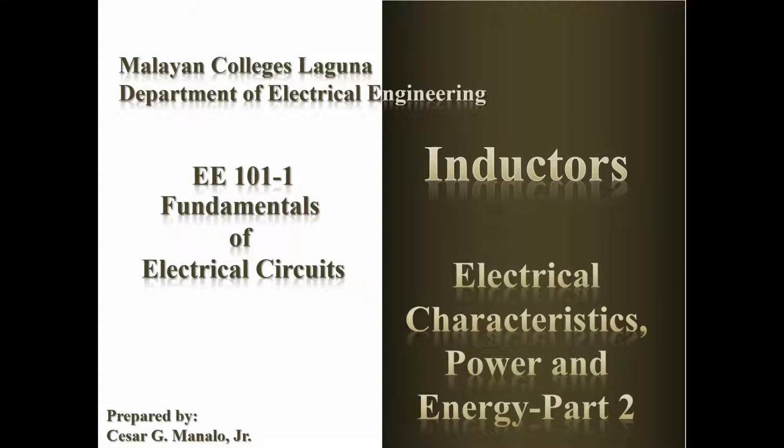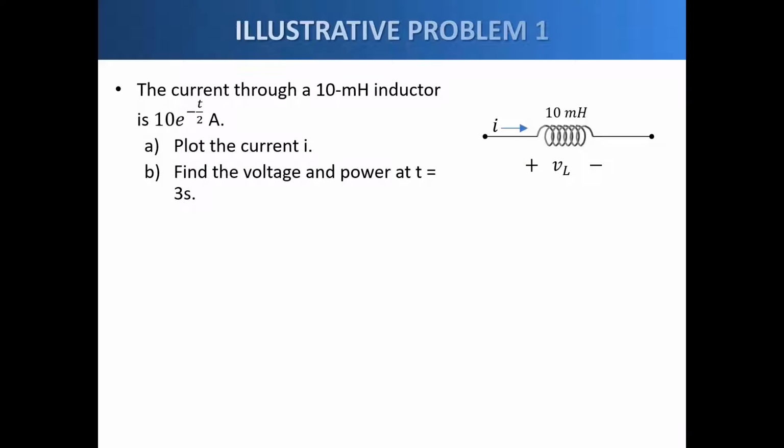Video, let's illustrate some inductor characteristics by showing some examples. In this first example, we have a 10 millihenry inductor, and current is flowing through that inductor given by this equation. Take note that this current starts at t equals 0.